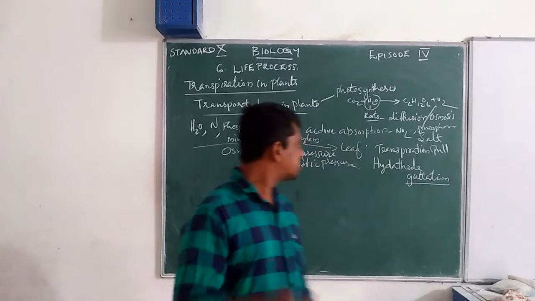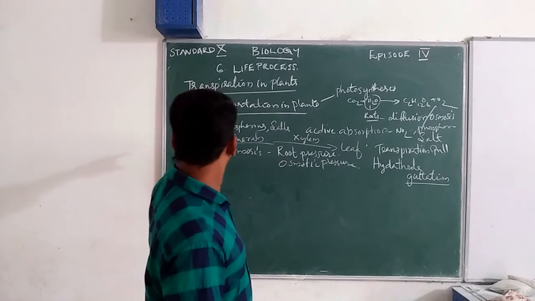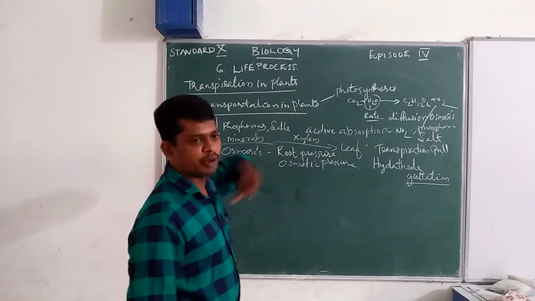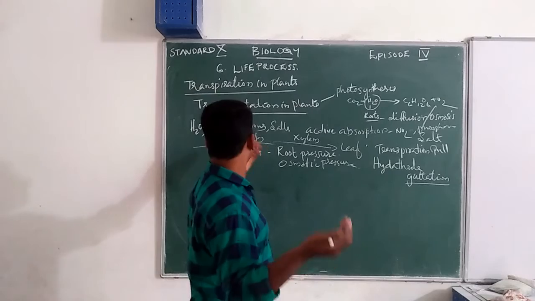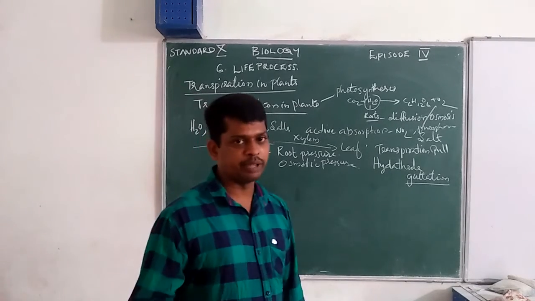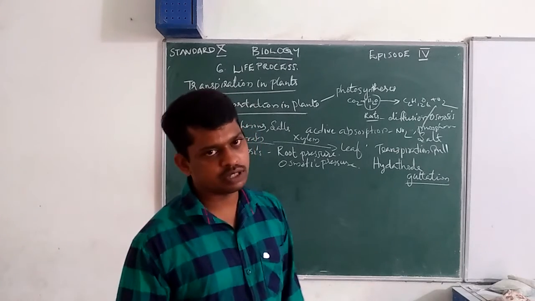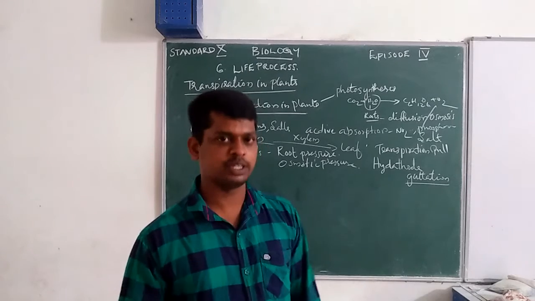What do you know about this point? Transportation in plants. Transported materials are water, nitrogen, phosphorus, salt, minerals. They can be absorbed only in the form of ions. That is known as active absorption.